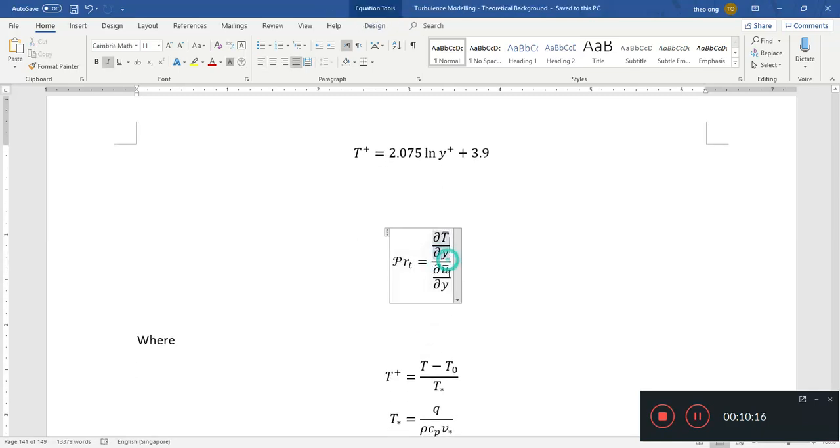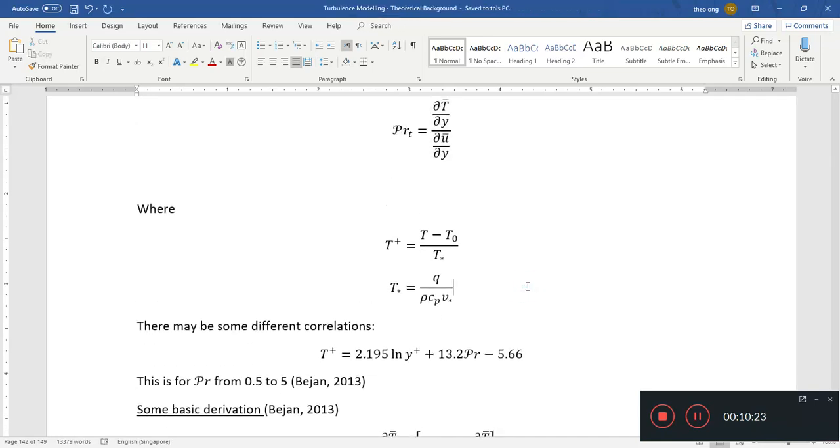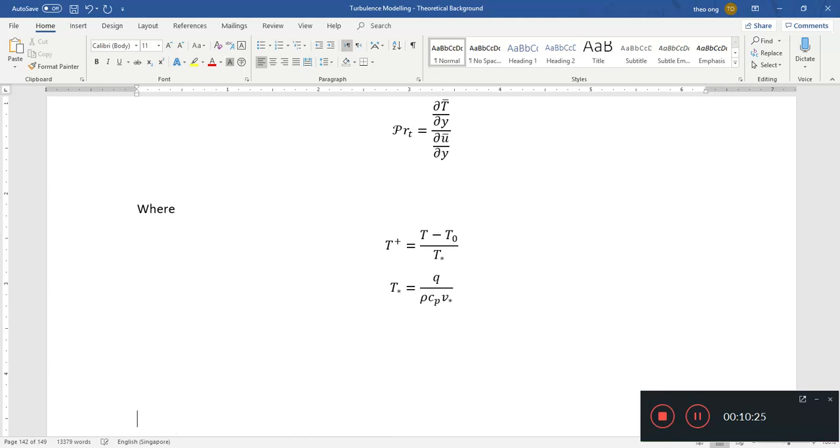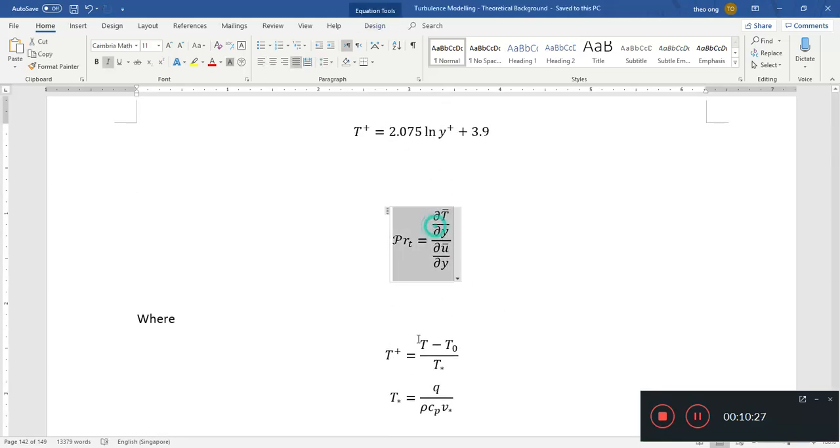Now we want to non-dimensionalize our Prandtl number equation. One thing we note is that we can start using this T plus. T plus is T minus T naught, where T naught is some reference temperature, for example your wall, and T is the local temperature at some point in y.